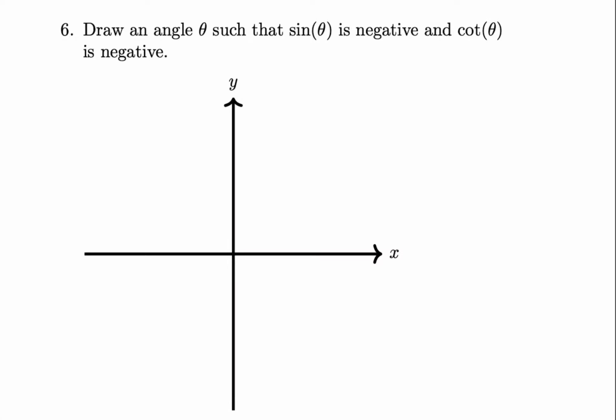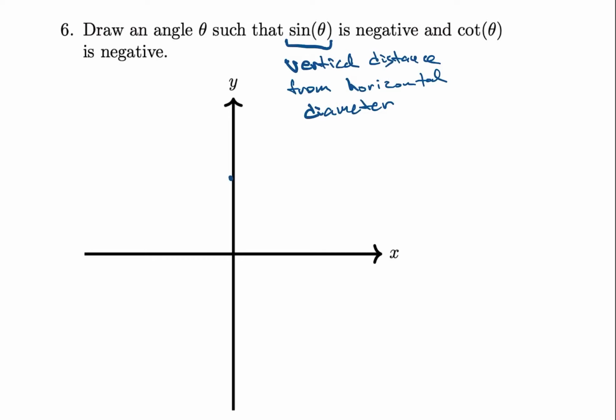So here we have sine. What is sine? It's the vertical distance. The output represents vertical distance from the horizontal diameter. So let me draw a circle again. Doesn't look like a perfect circle, but you get the idea, right?